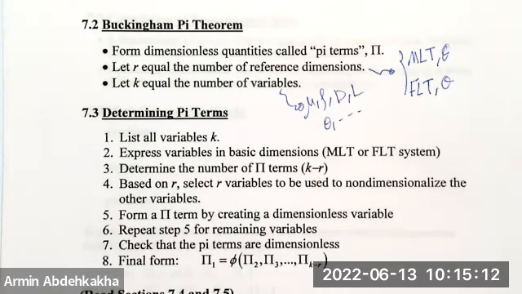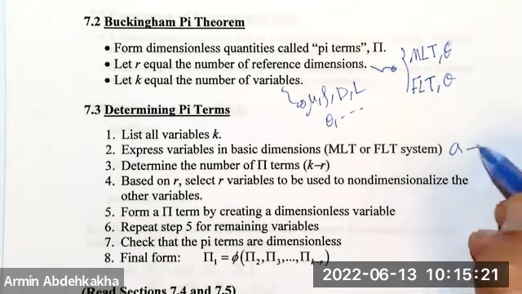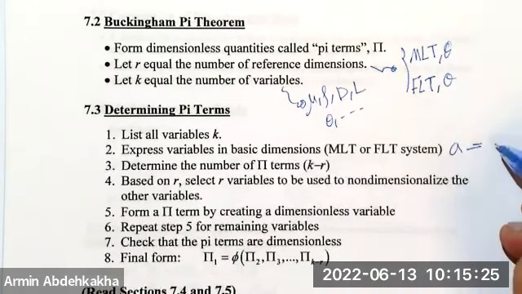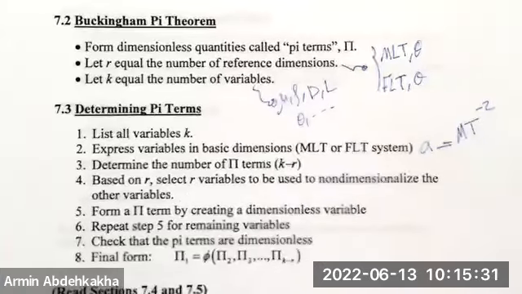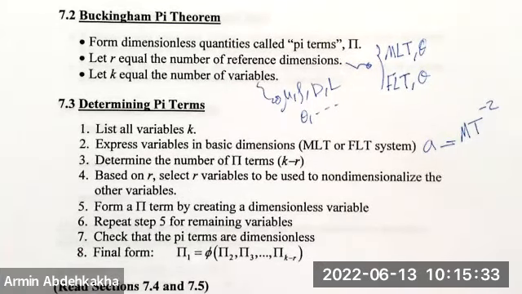We did that in chapter 1, for example, acceleration. If you show that in terms of the basic dimensions, meter per second square is going to be L T to the minus 2, right? That's the form that you have to show. You will show all the listed variables in that.